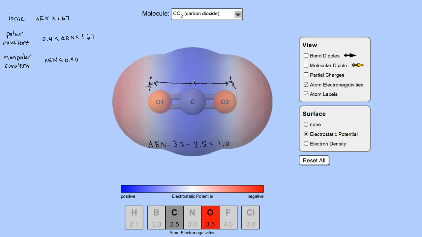So even though I know that you're probably thinking, wait, you just told me there's more electron density here. You're right. But what I'm trying to show you is that they actually end up canceling each other out. So when we talk about the molecule as a whole, we say that the molecule as a whole is nonpolar, even though it has polar bonds. So let me click on this to see if there's a molecular dipole. And there's not.